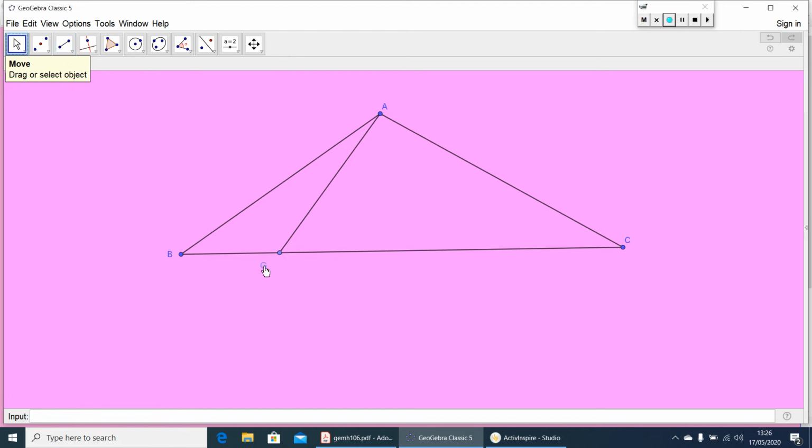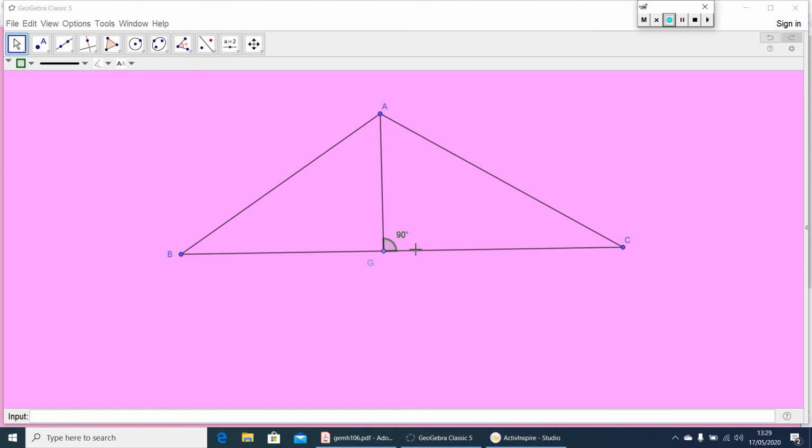Here AG is one of the distances, but this cannot define the height. Here the shortest distance can be the height of this triangle.